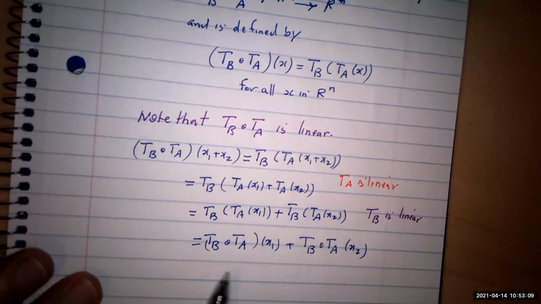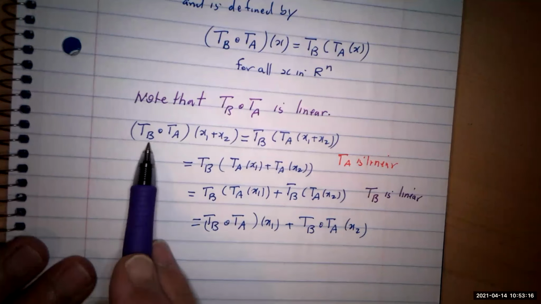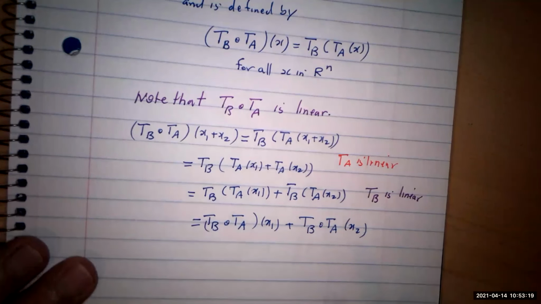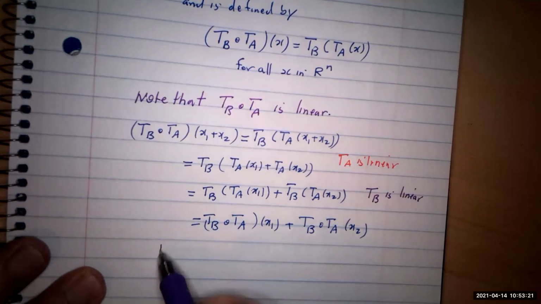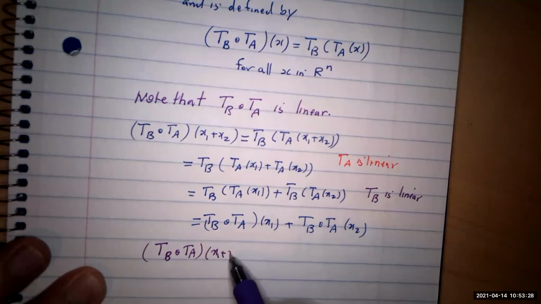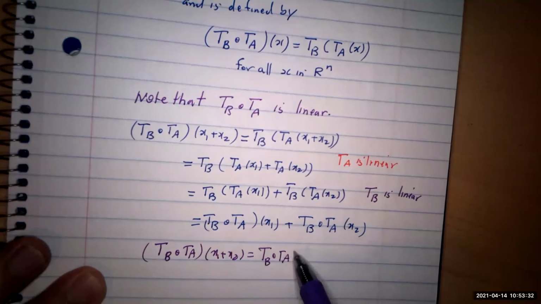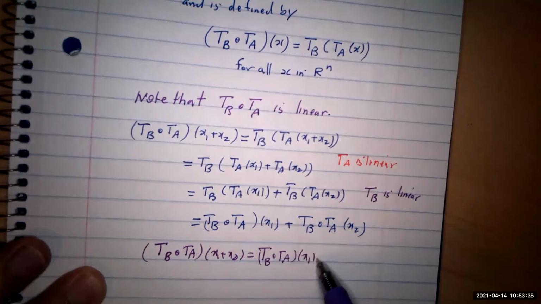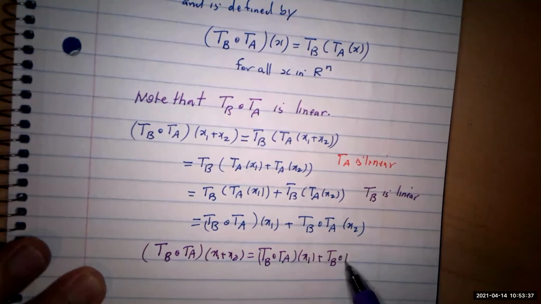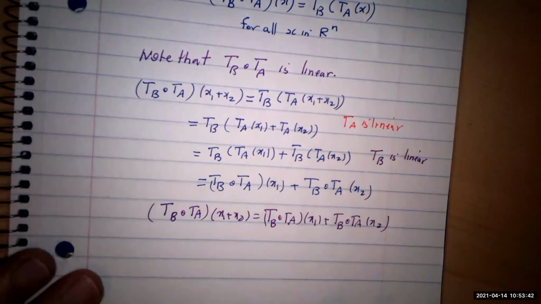So we proved that TB ∘ TA of x1 plus x2 is TB ∘ TA at x1 plus TB ∘ TA at x2. That's the first property of being linear.